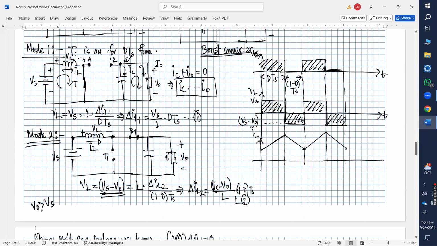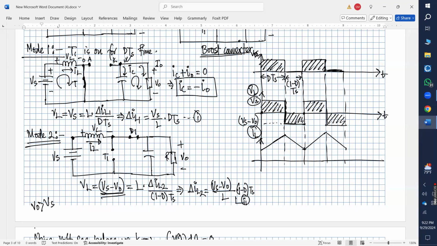We have only considered the inductor voltage and the inductor current, so we haven't drawn all the waveforms for the boost converter. If you understand these things as of now, we'll try to describe the waveforms for all the other things, right?